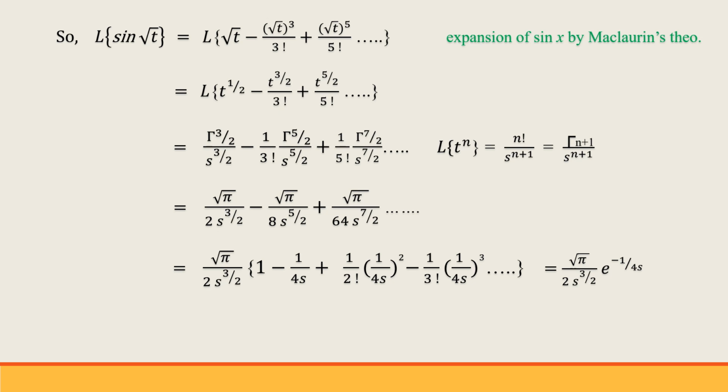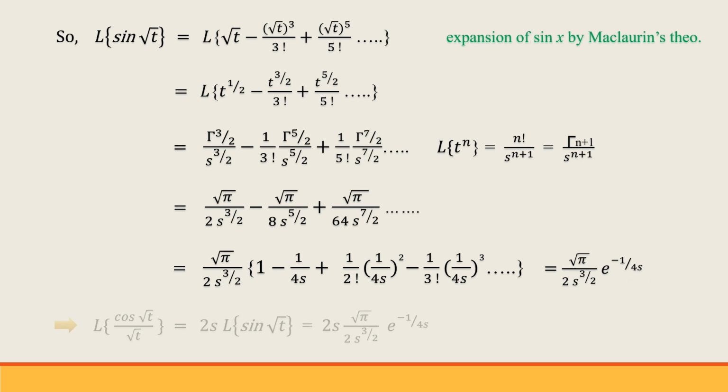So, the Laplace transform of sine root t, we get under root pi by 2 into s raised to the power 3 by 2 into e raised to the power minus 1 by 4s.